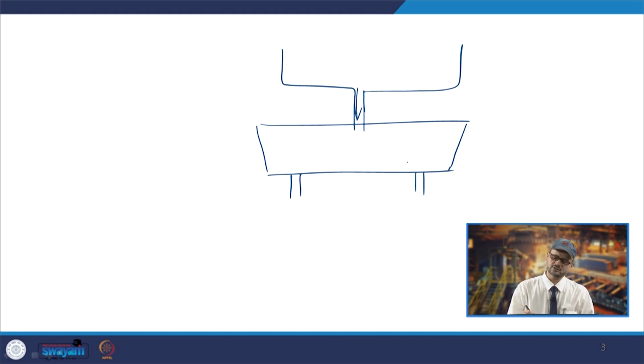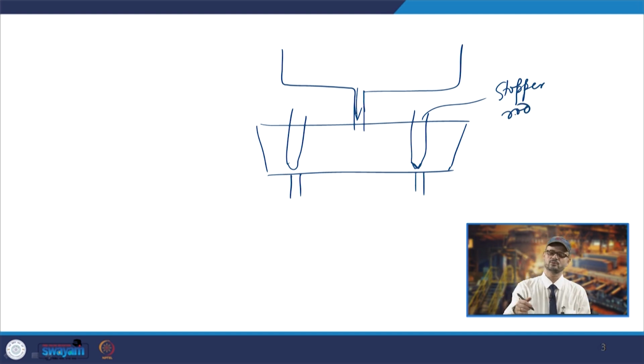In the normal case, one stopper rod is also there. This is known as a stopper rod, and as we are discussing, it controls the flow. You can put the stopper rod in this zone, and that will regulate the flow of the liquid steel to the mold.